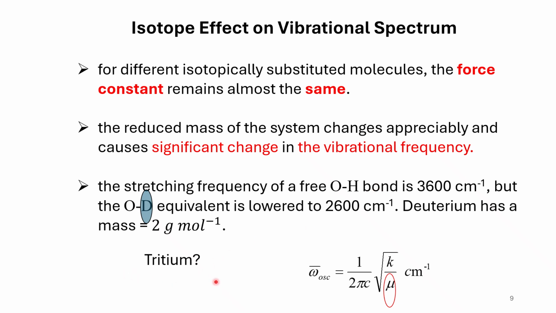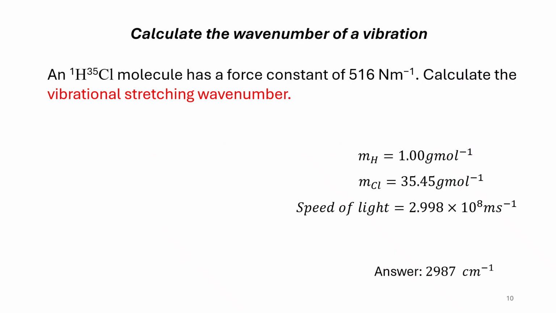So what will happen if you substitute the deuterium with tritium? What is the result then on the vibrational frequency when you compare OH, OD, and O-tritium? Tritium is much heavier than deuterium.